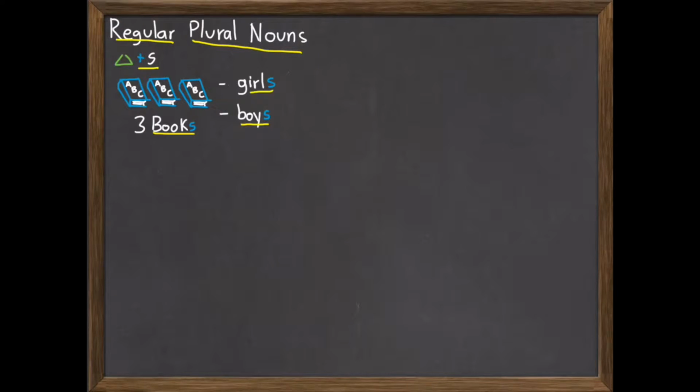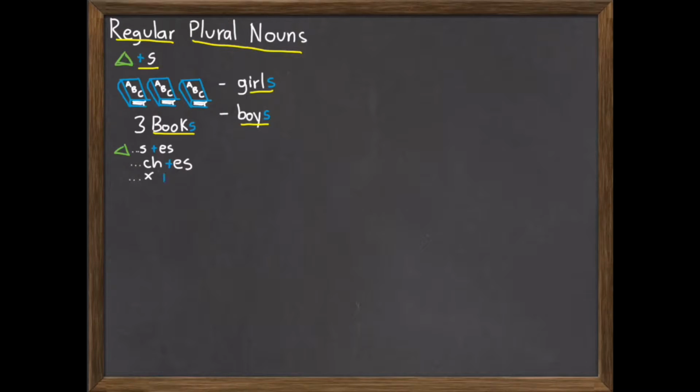There are more rules. For example, when a word ends with an S, with a CH, or with an X, you add ES after the word.